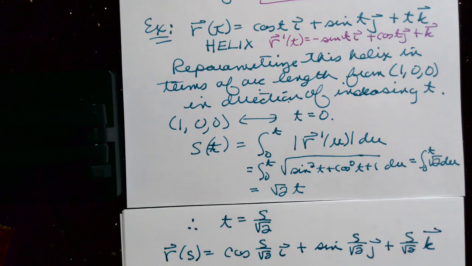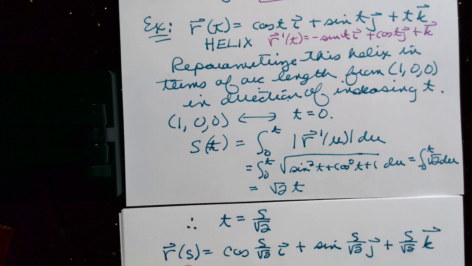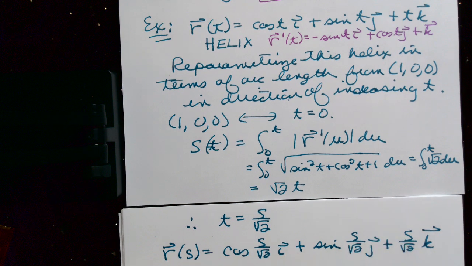Why is that convenient? Well, it tells you how far you are along the curve you've moved as you went from the initial point to whatever point you determine on the curve.